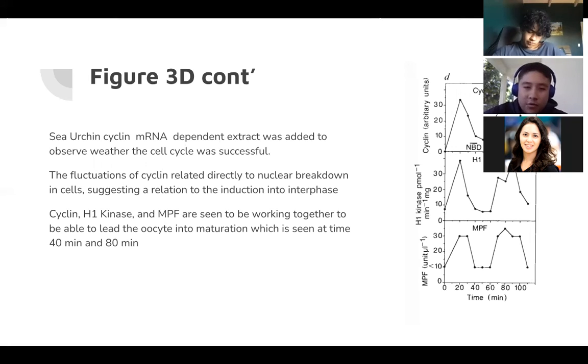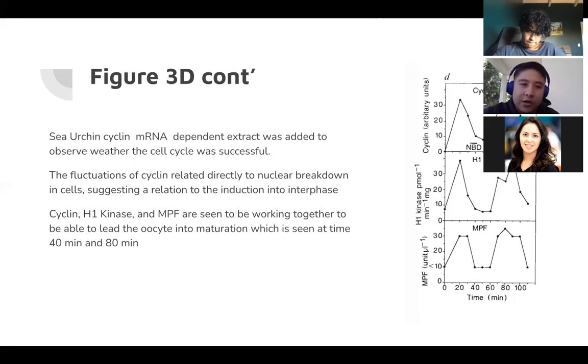So we see here in our graphical representation in our figure, that at 40 to 60 minutes of timing, as well as 100 minutes of timing, there is a very sharp decrease that occurs during the NBD, otherwise known as the nuclear breakdown. So this also signals that there is a decrease at the very tail end of mitosis.